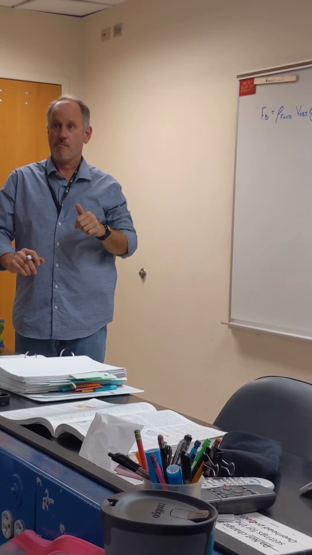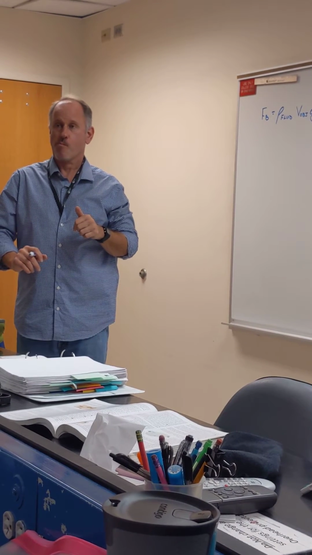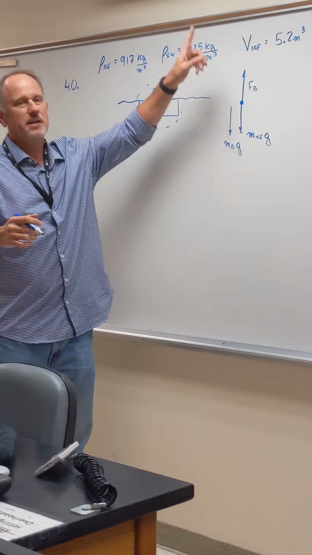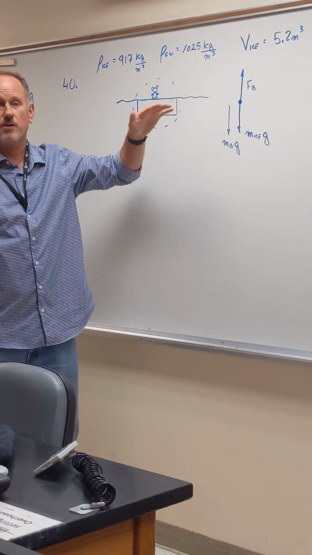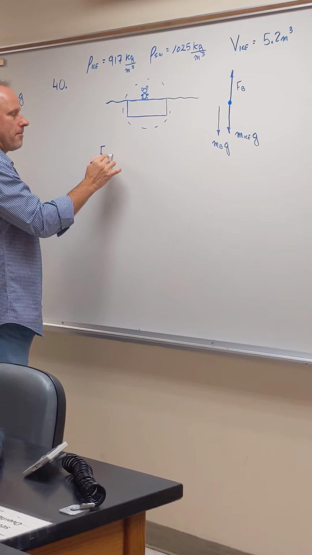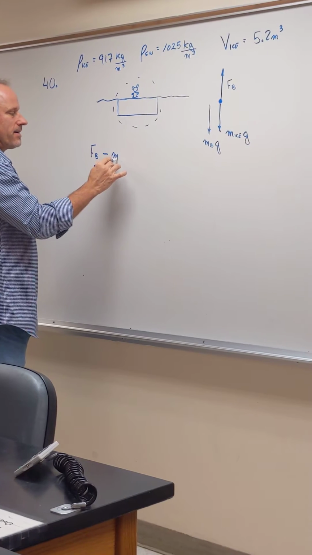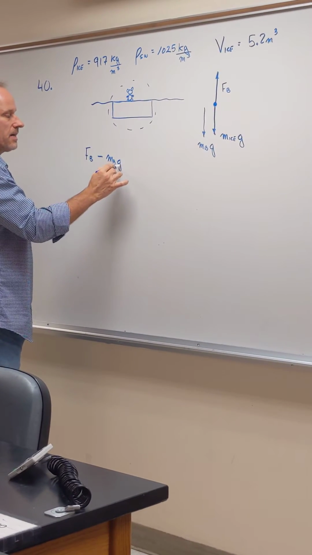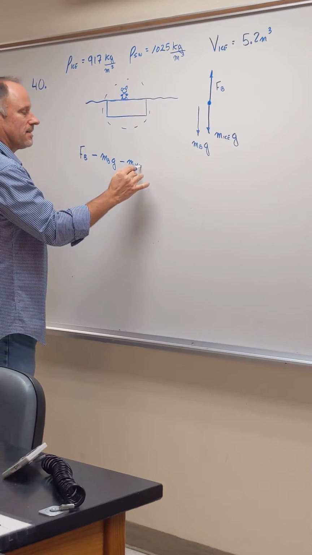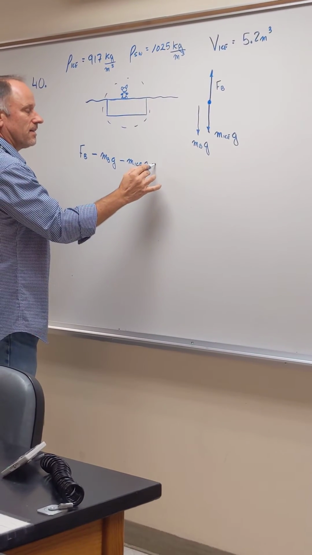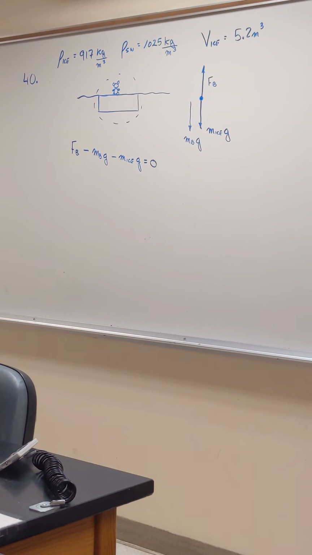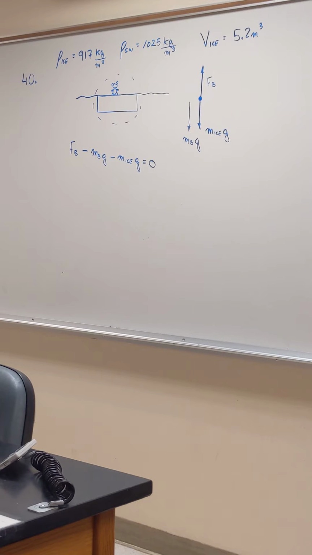I've got weight of these two things down, and something is keeping them afloat. That's the buoyant force. So FB minus mass of the bear times g minus mass of the ice times g equals 0 if they're floating. Does that seem reasonable? They're balanced forces.